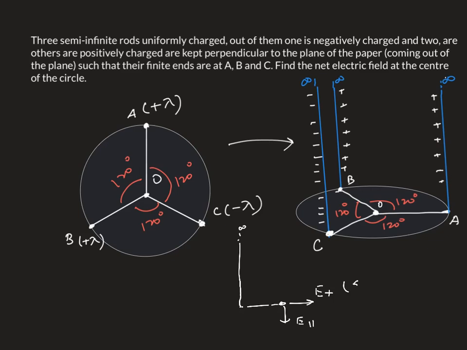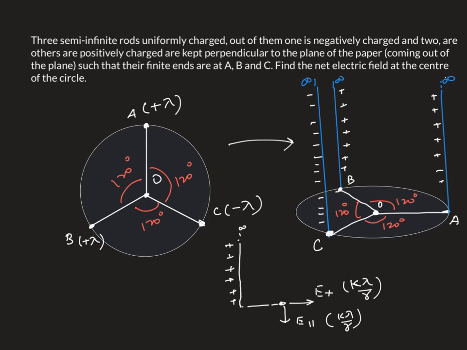Both are k lambda by r, where r is the radius or the distance, whatever you like to call it, and it is for positively charged. What will happen for negatively charged? For negatively charged, the direction will get reversed. E perpendicular will be towards the wire, E parallel will be in the upwards direction.